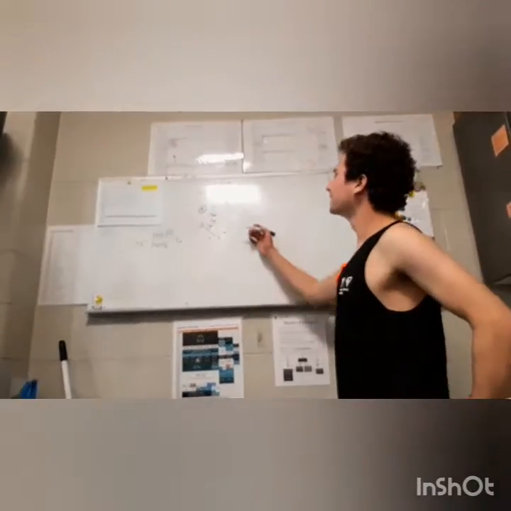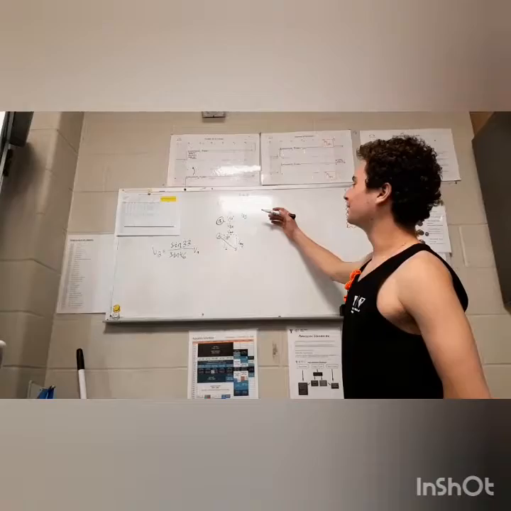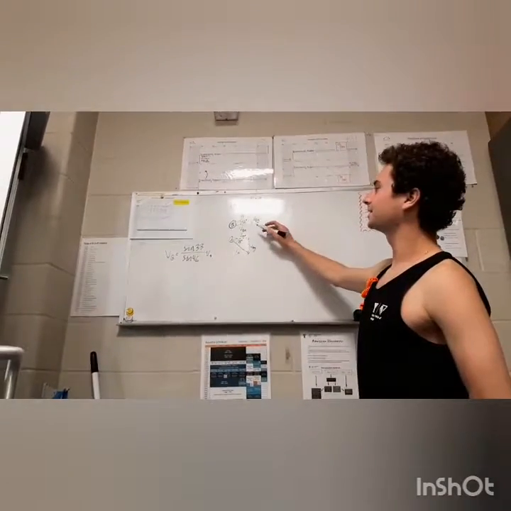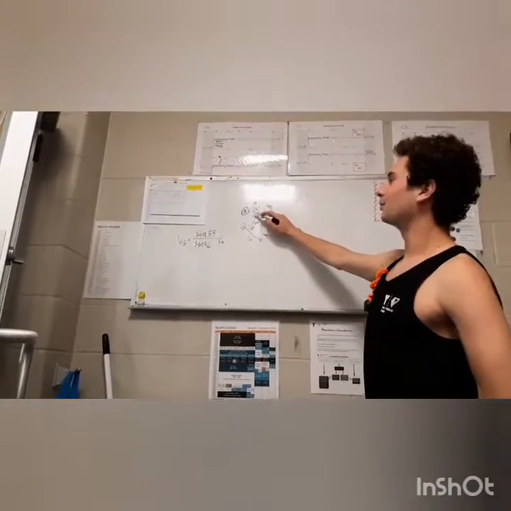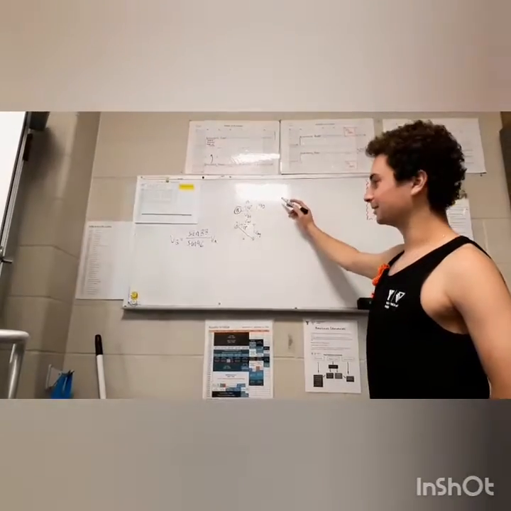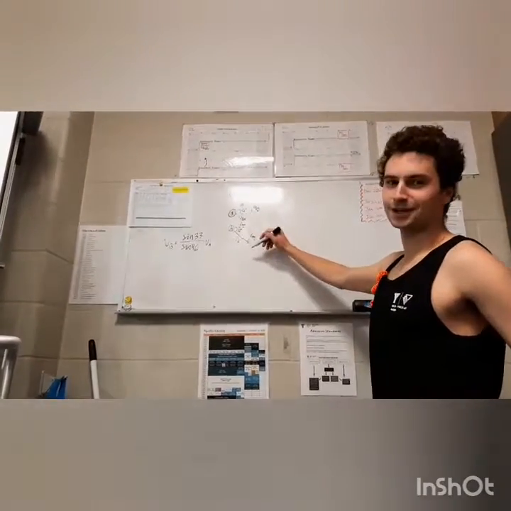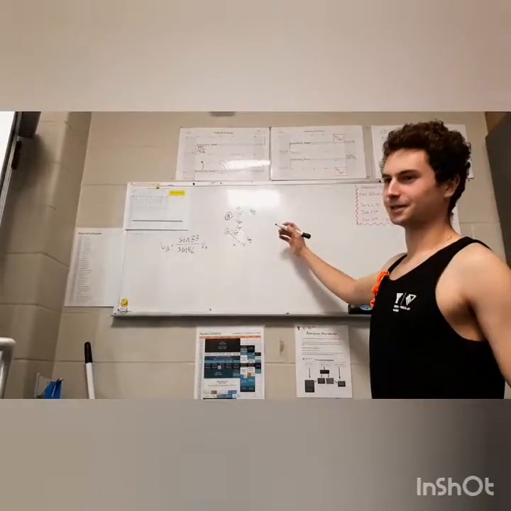So as you saw in the previous video, it was obvious that puck B went off at an angle of 46 degrees and puck A went off at an angle of 33 degrees.